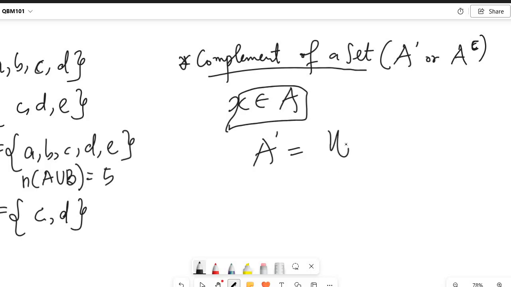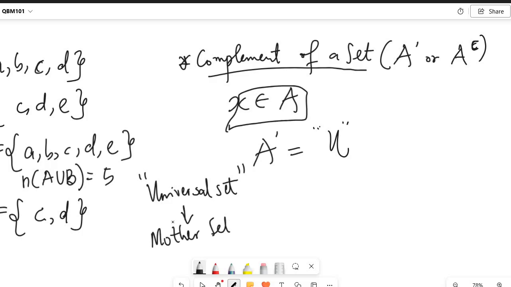Okay, I didn't talk about this. Now let me quickly talk about the universal set. Whenever you have U like this or whatever way it is represented, the universal set is simply the set of all sets. I come again. The universal set is also called the mother set. It actually gave birth to the rest of the sets. So the mother set or universal set is the set that contains every other set.